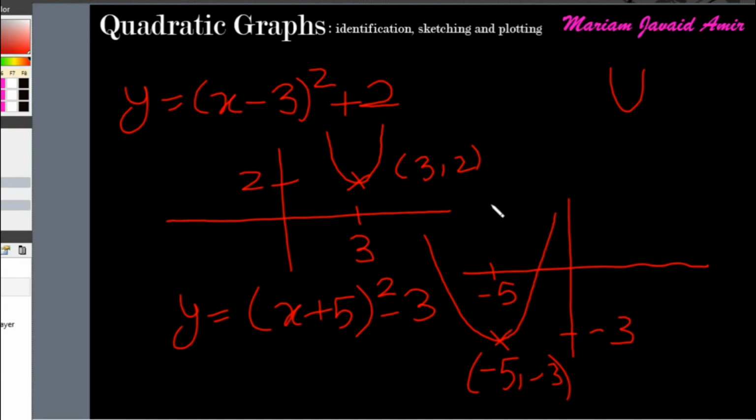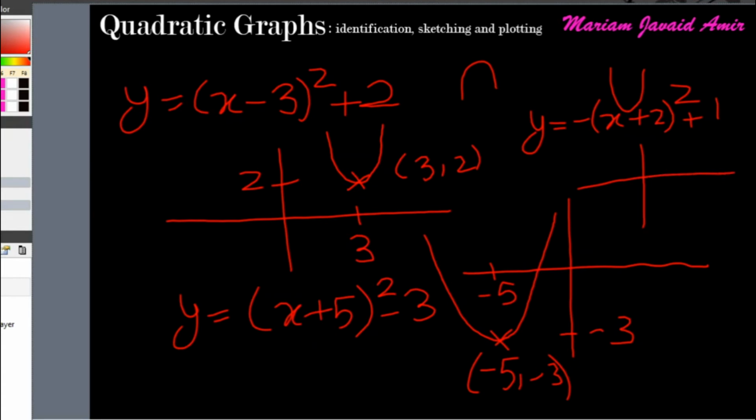What if the graph is something like y is equal to minus (x plus 2) whole square plus 1. So because of the negative sign outside of the square, the coefficient of x square will be negative x square. When you open this whole thing, you'll get an equation in the form of negative x square, which means inverted U, and the rest would be the same.